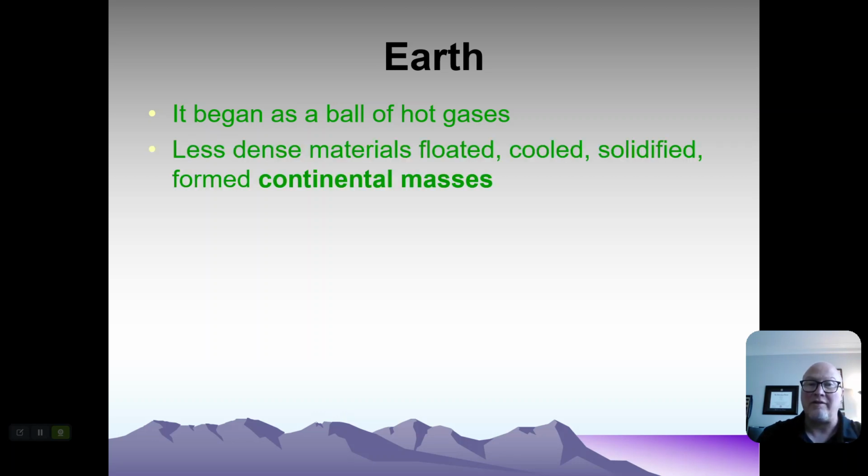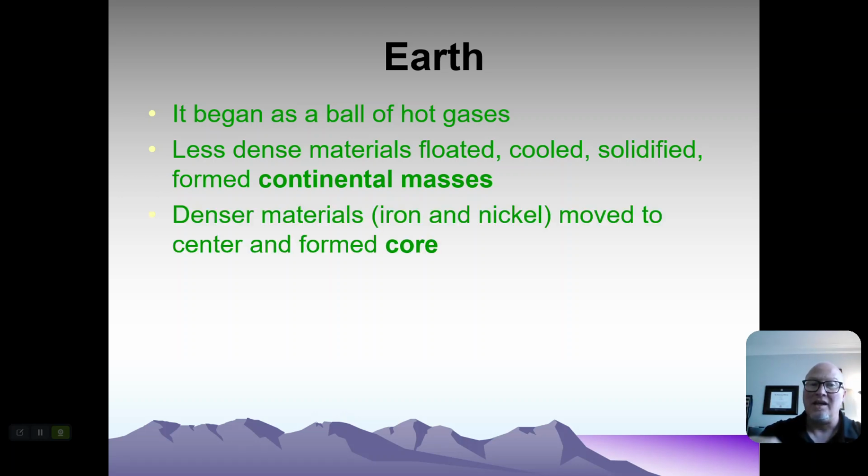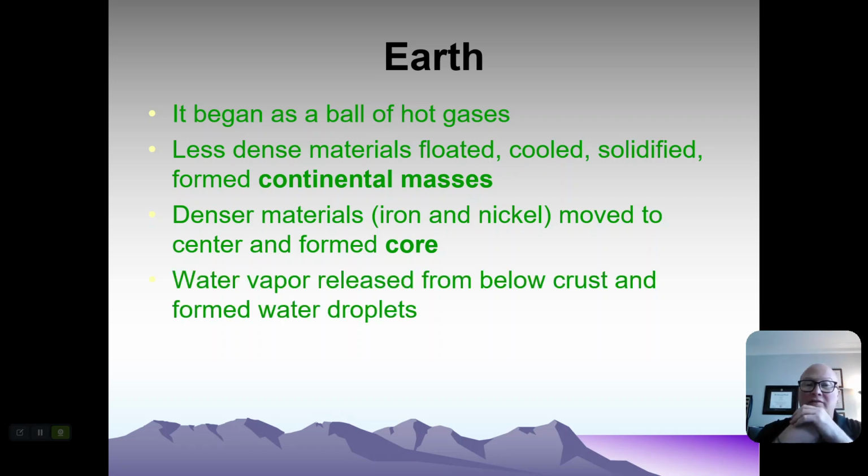Well, the Earth itself, we have a hot ball of gases with our less dense material floating up towards the surface, cooling and solidifying, and that becoming our continental masses. And then all of the denser materials, the metals, the iron, the nickel, moving towards the core and forming the core of the Earth itself.